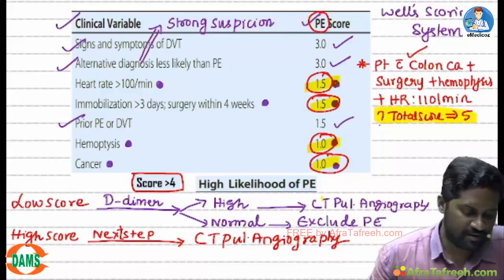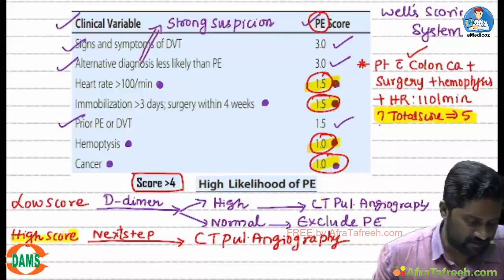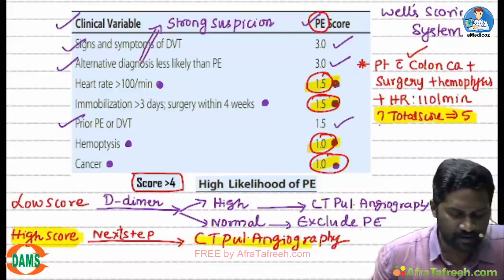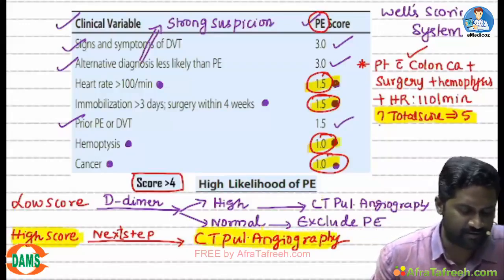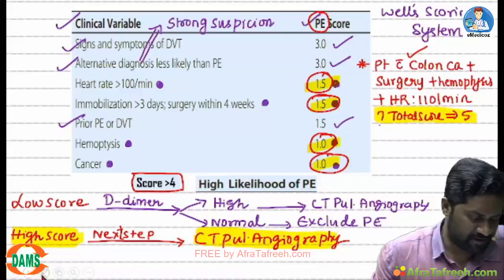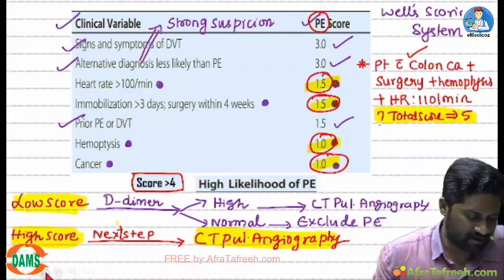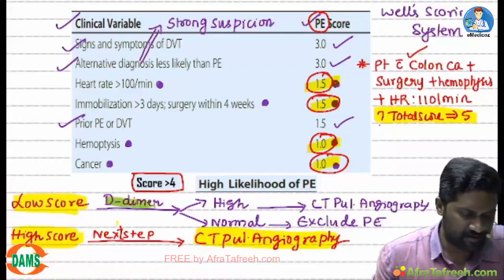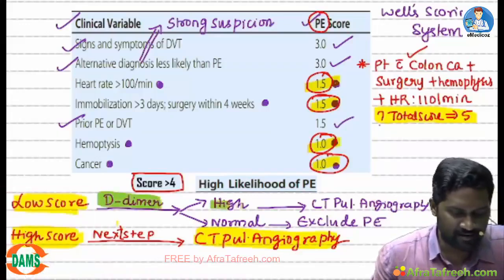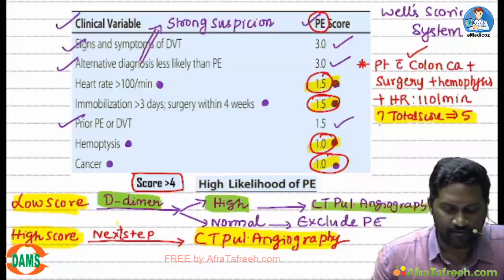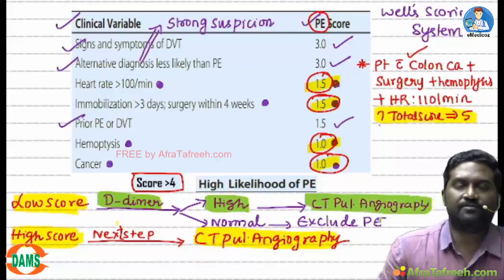So the point here is, if the patient is having a high score, don't waste time, directly go for CT pulmonary angiography. If patient is having a low score, first do a blood test. What is that blood test? D-dimer. If the D-dimer is high, then only go for CT pulmonary angiography.